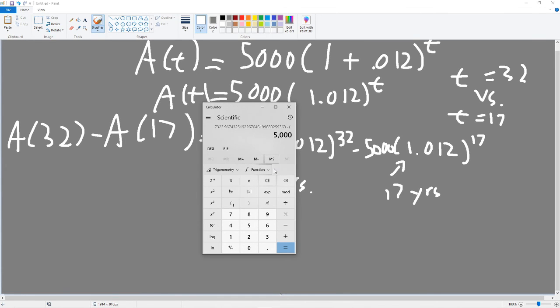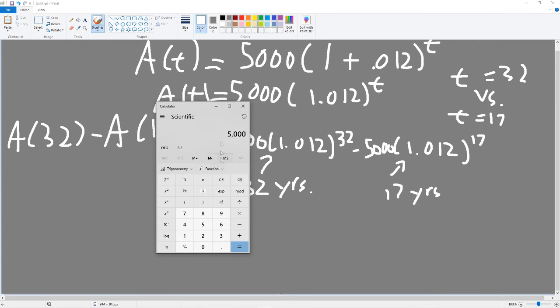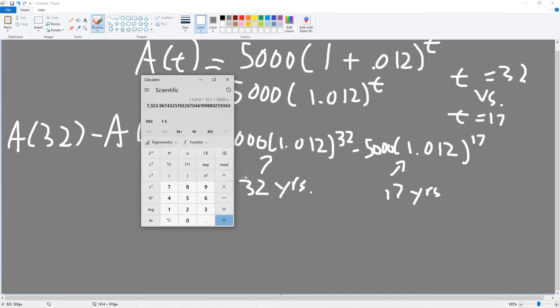So let's see how we can enter this all at once. 5,000 times 1.012 to the 32, minus 5,000 times 1.012 to the 17.